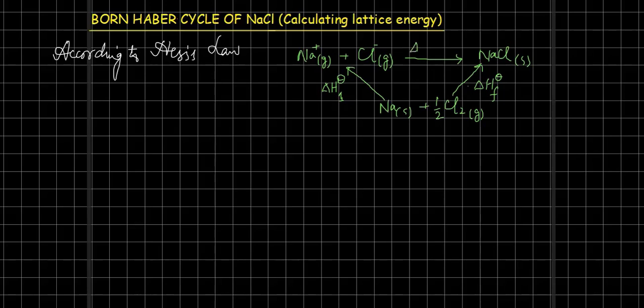And this is obviously the standard enthalpy change of lattice energy, right? So this is the direct step: first sodium and chlorine change into sodium and chloride ions in gaseous state, and then they form sodium chloride, right? So we can use this idea for calculating lattice energy, right?